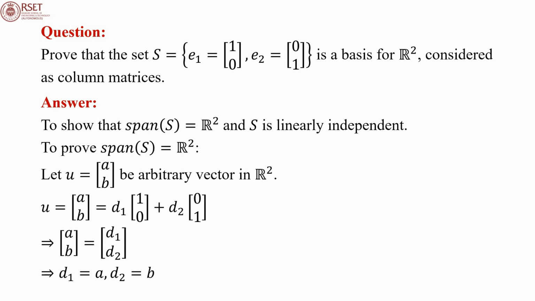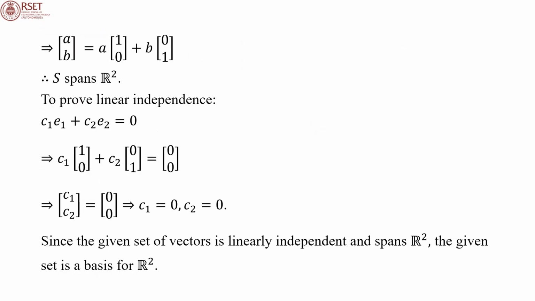So we consider an arbitrary element U equal to (A, B) in R2. Then suppose we can write (A, B) as D1 V1 plus D2 V2. Then (A, B) will be (D1, D2), which means that D1 must be equal to A and D2 must be equal to B, which implies that S spans R2.